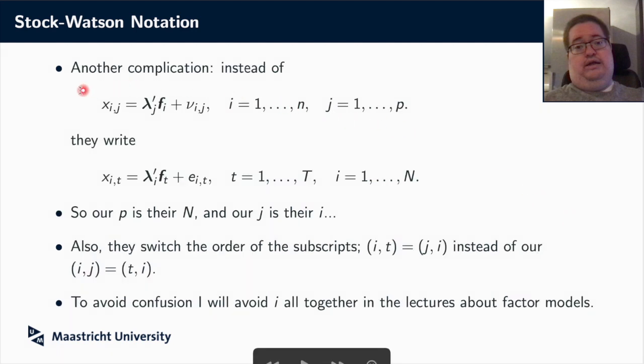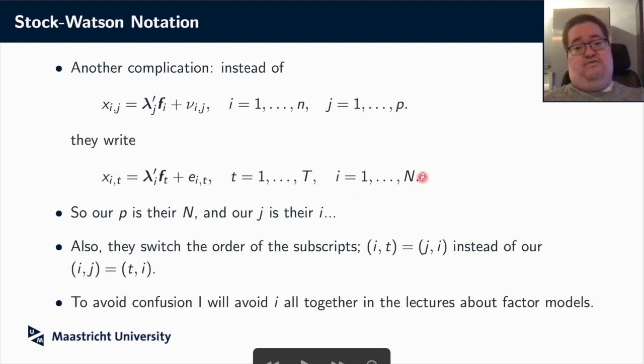Now, there's one more thing regarding notation that I want to mention, and that is what they write if they look at scalar notation, they look at indices. Where we use i and j, they use i and t, but their i is actually our j. So our j is the variables, 1 up to p.